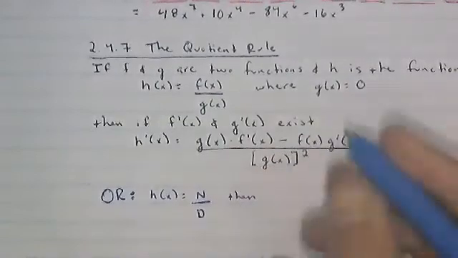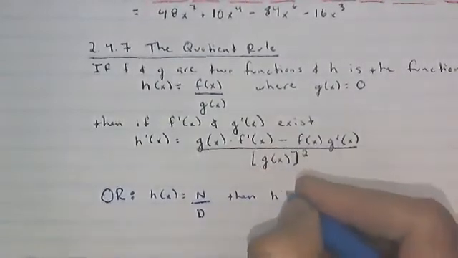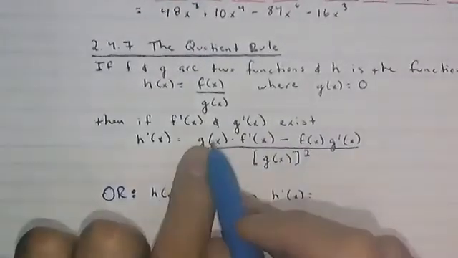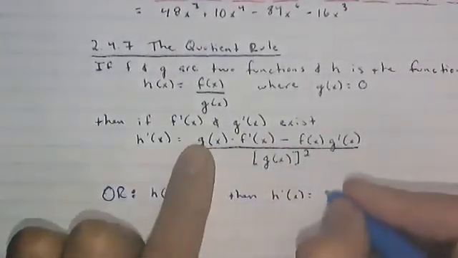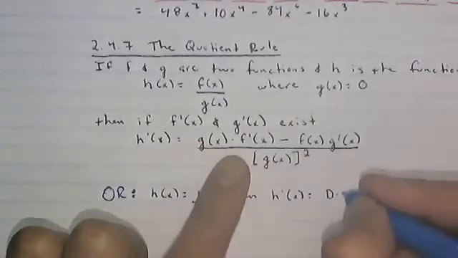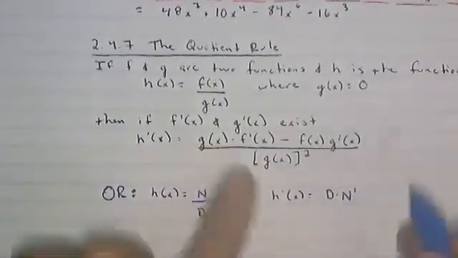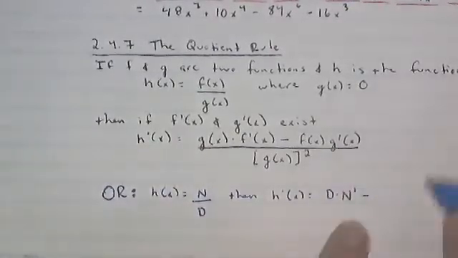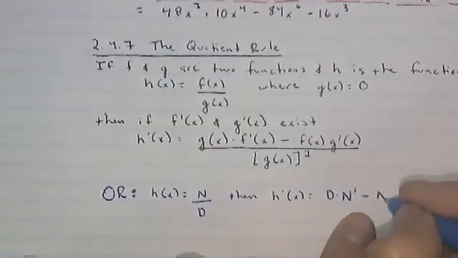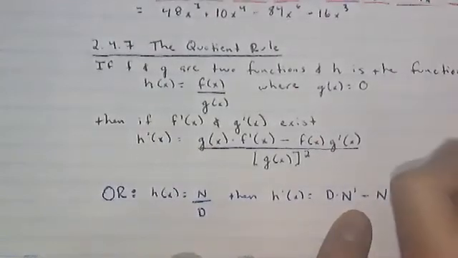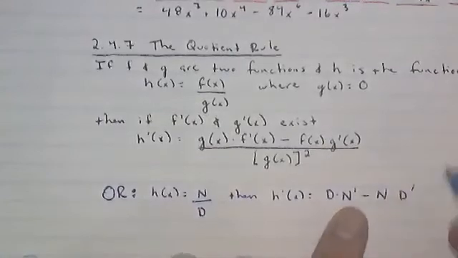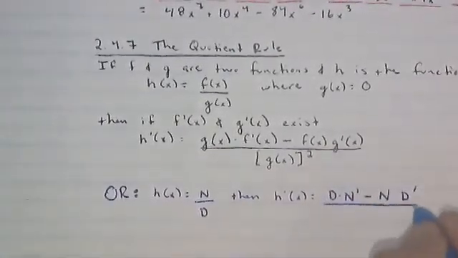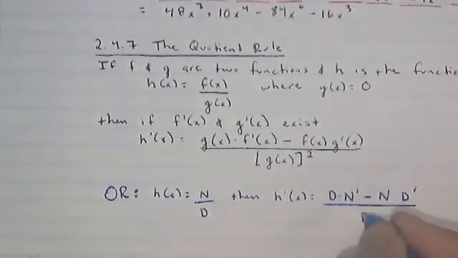Then what the quotient rule says is that the derivative of h is going to be the denominator, d, times the derivative of the numerator, n prime, minus the numerator times the derivative of the denominator, divided by the denominator squared.